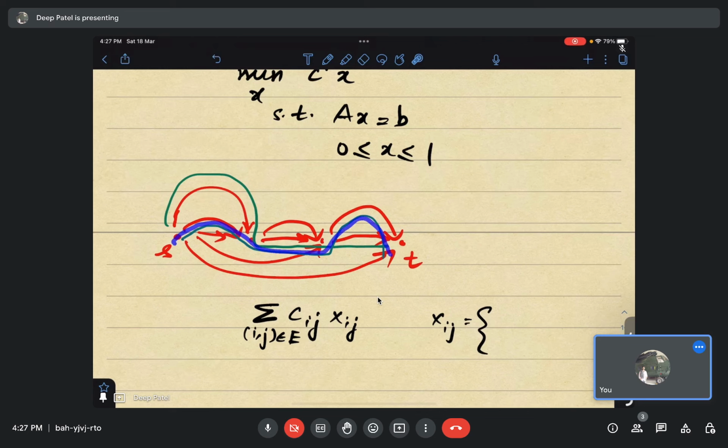When I compute my total cost, I assign x_ij to be 1 only to the edges where I am traveling. The rest are 0. So if that edge belongs to the path, then only we set it to one, as an indicator variable.